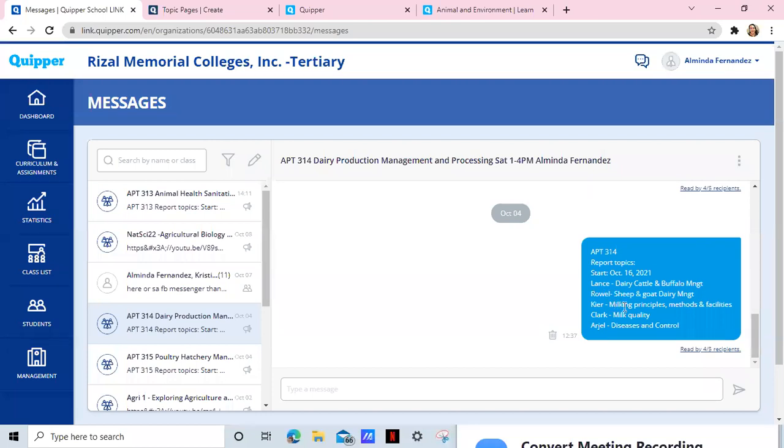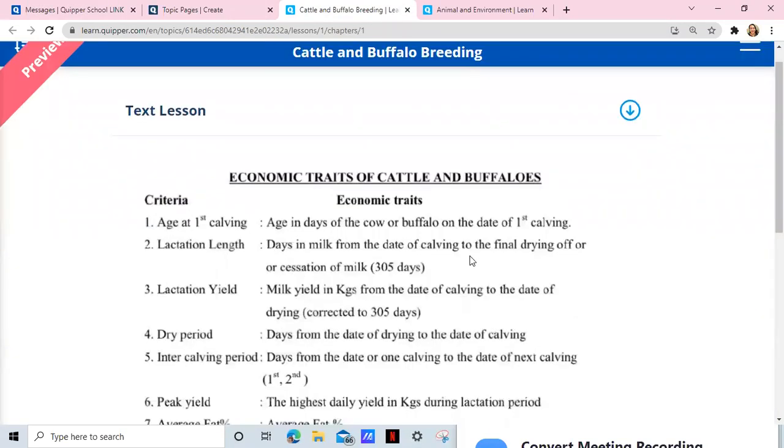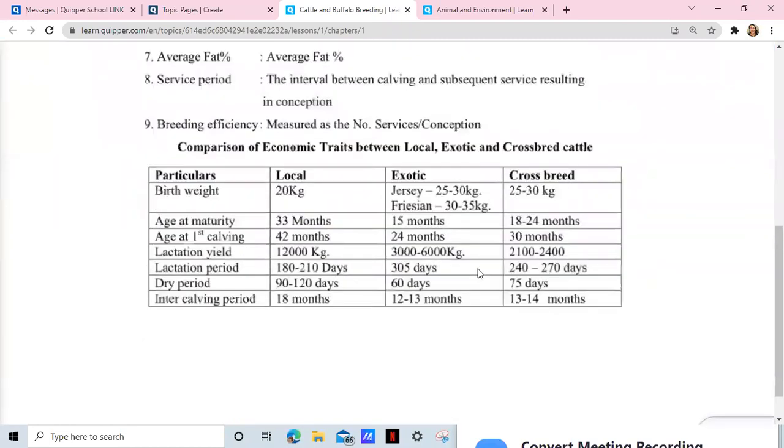And wala na ko nagbutang og link because these are all already sent to your dashboard, no? Nana sa inyong dashboard, so check it. And you don't really need to make a PowerPoint presentation kasi dapat darita focus.